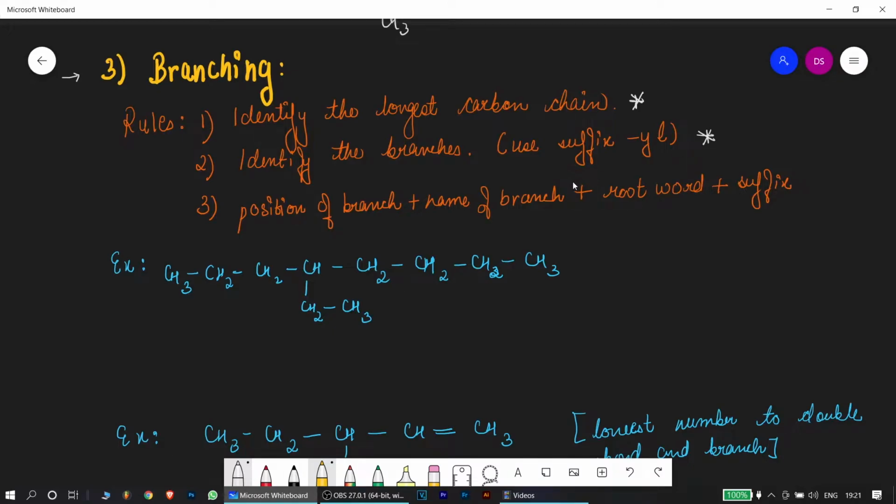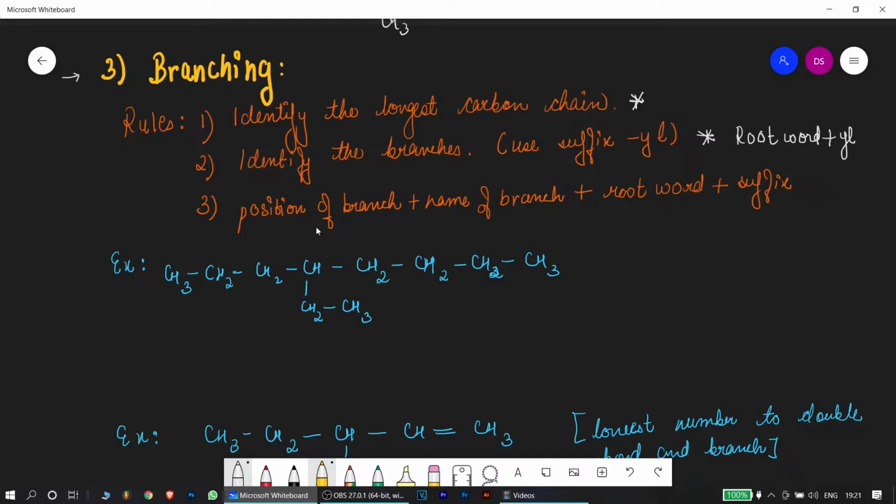And for naming the branch, you use the root word that is same for the normal carbon chain plus yl. All right. You do not use the primary suffix that was used for alkanes, alkenes or alkynes, but you use yl for the branch.